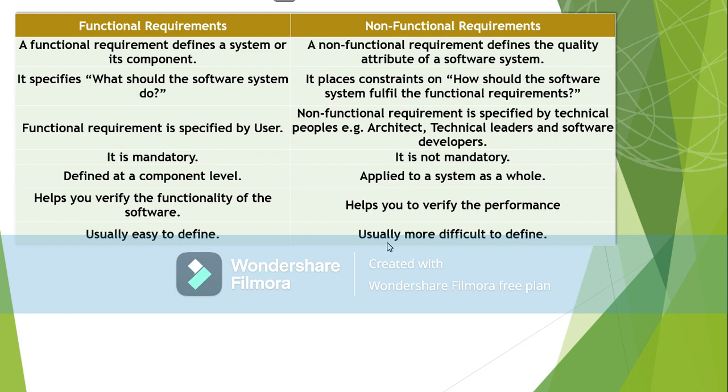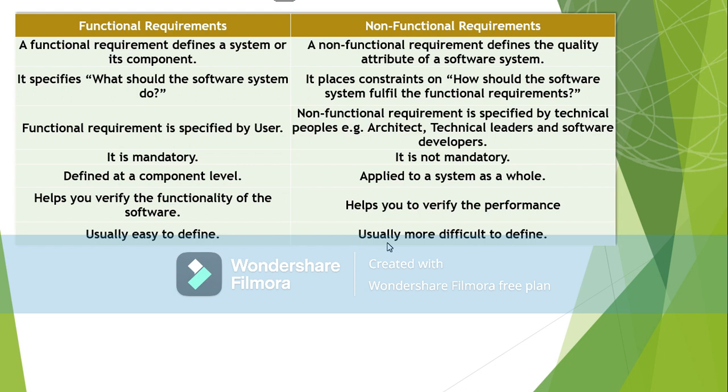It's easy to define, because what you want is very easy to explain to somebody in the documentation. There are a lot of ways in which documentation is done. We will discuss everything in detail, how it's handled in software organizations, in the coming vlogs. That is the functional requirement.